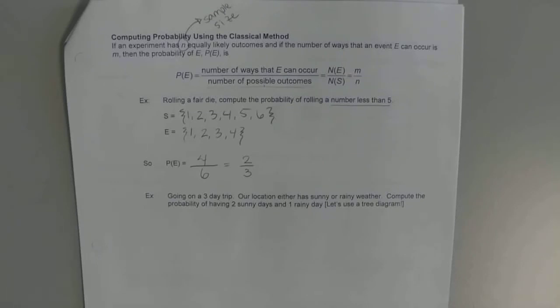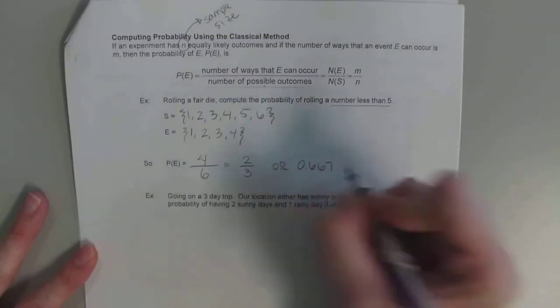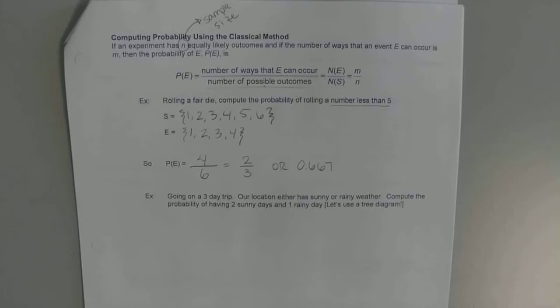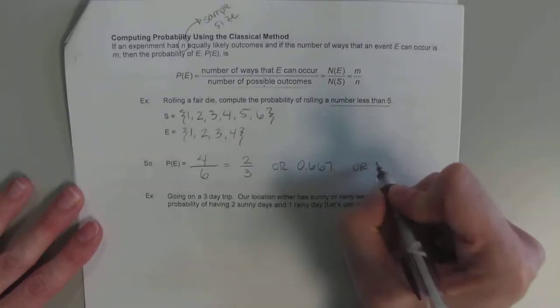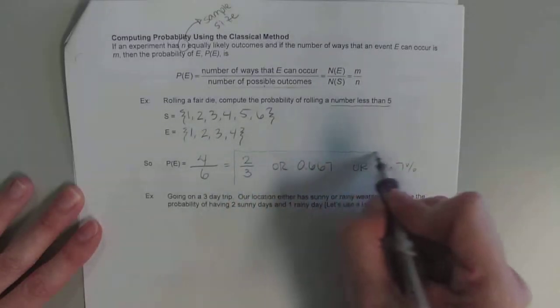If it's classical method, it's very likely that they'll have you keep it as a fraction because it's just kind of clean numbers, nice and easy like that. But if not, we could change this into a decimal, 0.667. Or they might have you change it into the percent. So this would be 66.7%. And they'll tell you what to round to.